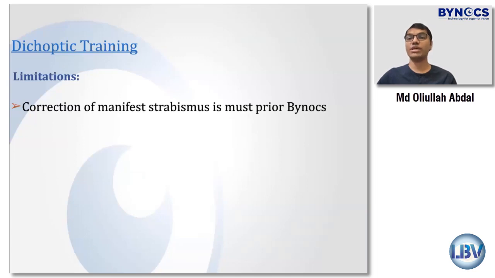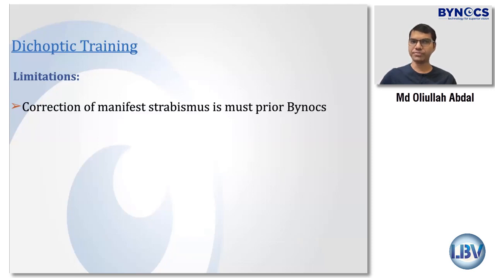If somebody has a manifest deviation, that needs to be corrected prior to Bynocs or any kind of binocular enrollment. The reason is that when you have a deviated eye and you give a binocular approach, you are going to stimulate a non-foveal point in the deviated eye. So it is better not to give a binocular approach before correcting the strabismus.